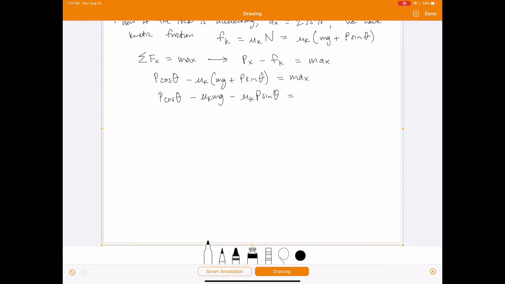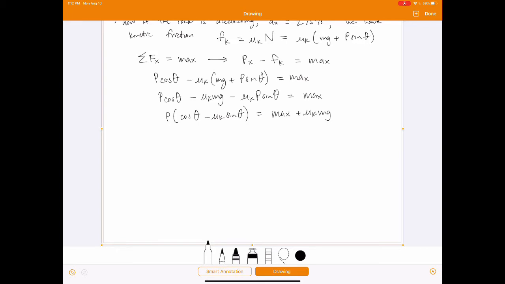And then on the other side of the equation, I have m times ax. So I have P times the quantity cos theta minus mu k sine theta, just to collect all the terms with the force P included right there. Then I have m times ax. And then I'm going to add mu k times mg to both sides, so it moves it from the left to the right.